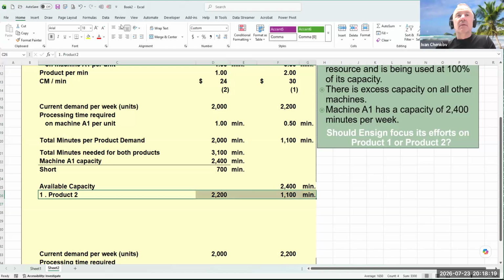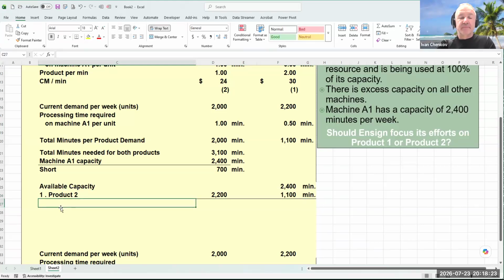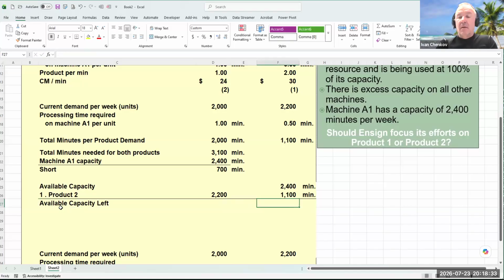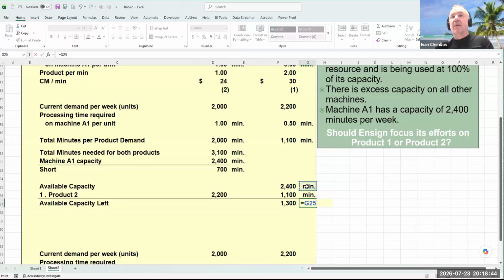Once I do that, let's see what my remaining capacity is. My available capacity now will be 2,400 minus 1,100 minutes. That will be 1,300 minutes. What should I do with those 1,300 minutes?